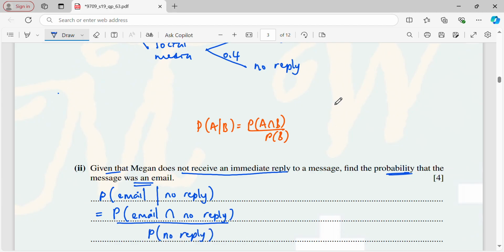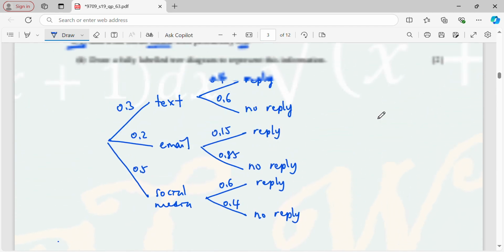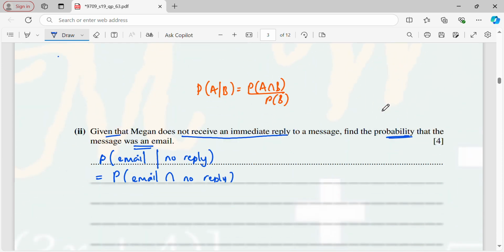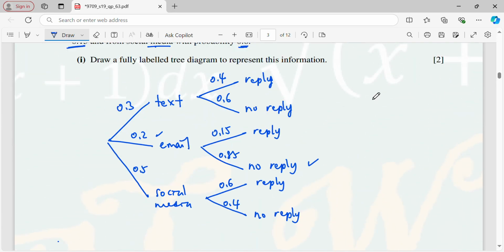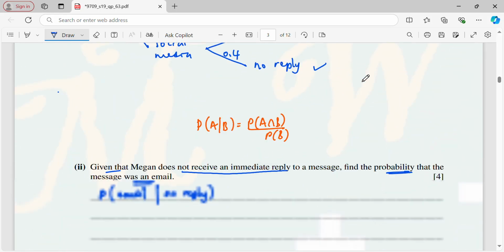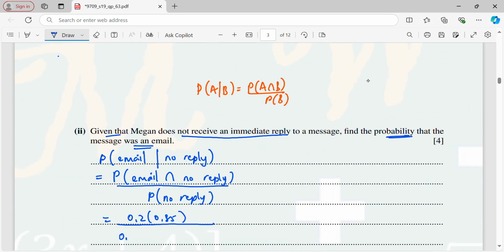Okay, so according to the tree diagram, email and no immediate reply means 0.2 and 0.85. So you need to multiply these two values over no reply. No reply can be caused by text, can be caused by email, or can be caused by social media. So 0.3 times 0.6 for the text.